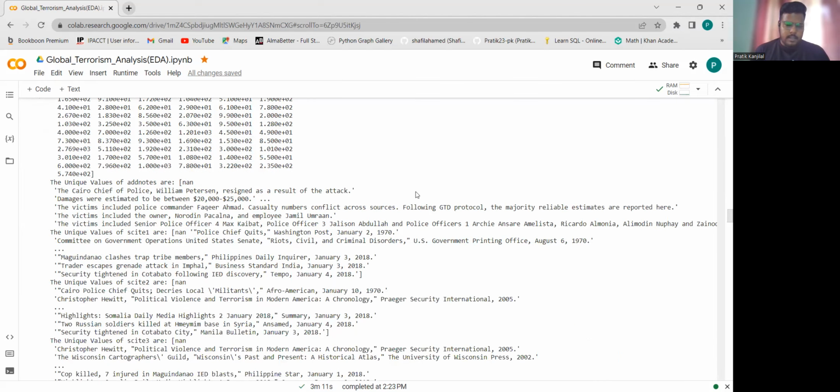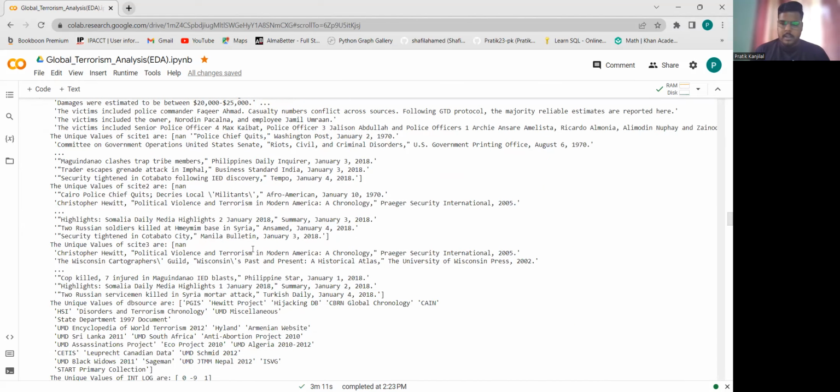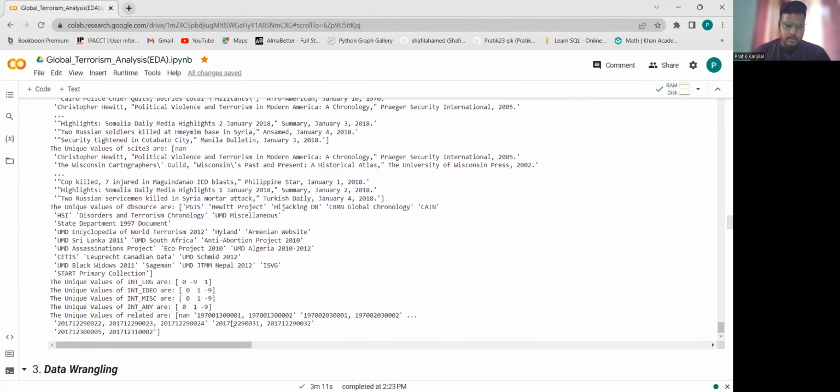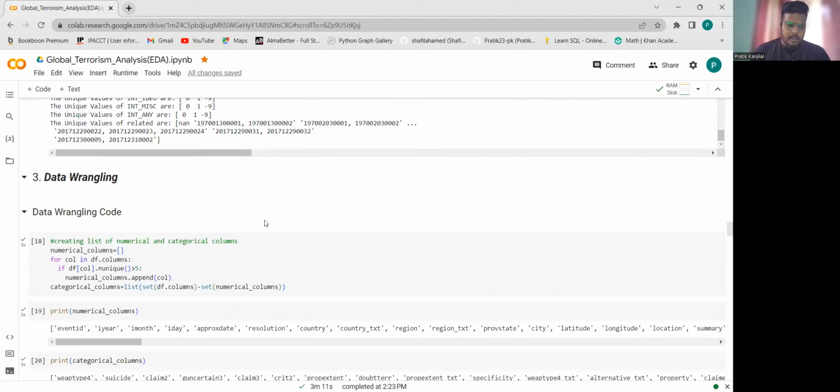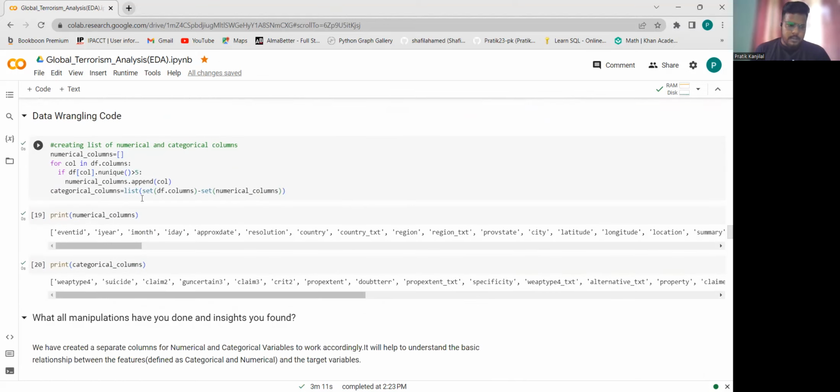This data set has a lot of unique values, and that is quite obvious, right? Because unique values mean something and have some significant relation with other variables, so these unique values are to be kept as they are. Now we are coming to the data wrangling part. Here we have categorized our data into two types of columns, numerical columns and categorical columns.